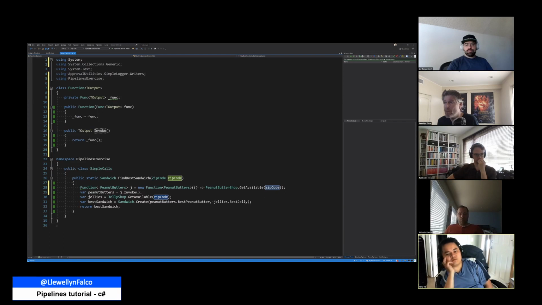Oh, but what if, let's say the peanut shop is not a static method, but just a method, and that gets available using some state inside the peanut butter shop. Yep, it literally happens on line 31. Not going to be a problem. Because zip code is also not static. It's a local variable, right? So this is actually capturing that.